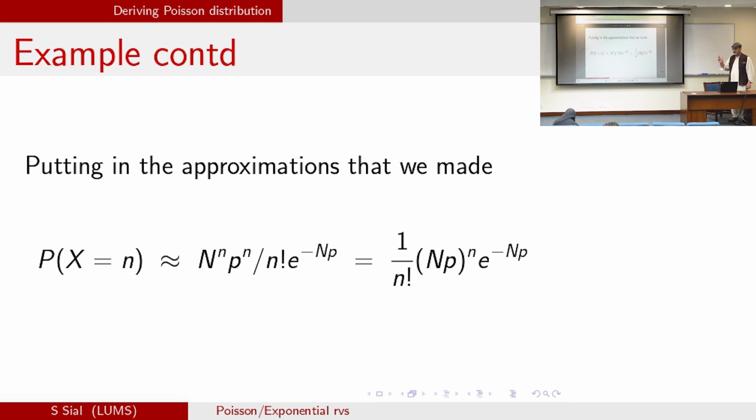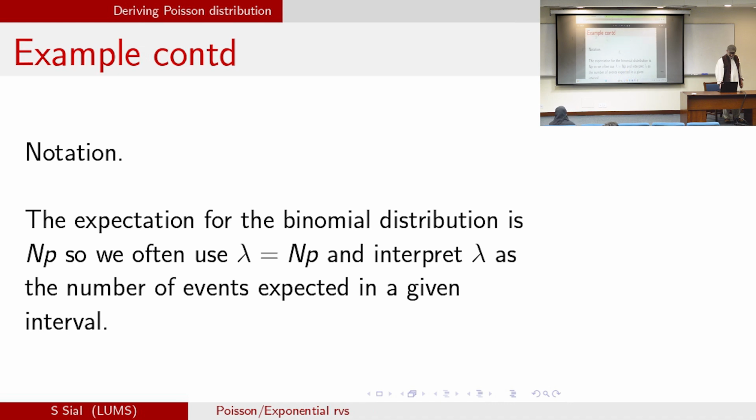So we can understand what the terms are. The expectation I'm going to call lambda. So lambda equals np. And I'm going to interpret the expectation as the number of events expected in a given time interval, or in an area or something like that.